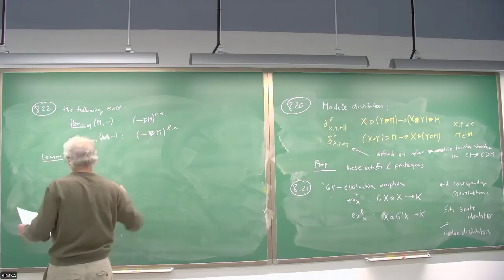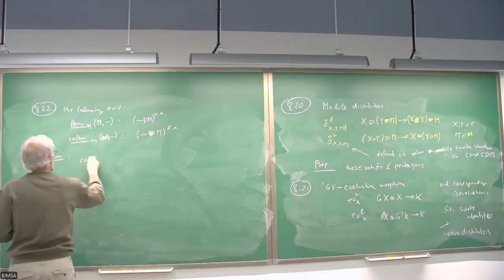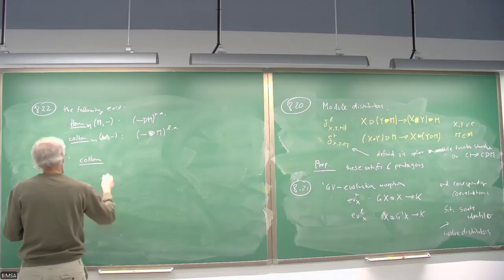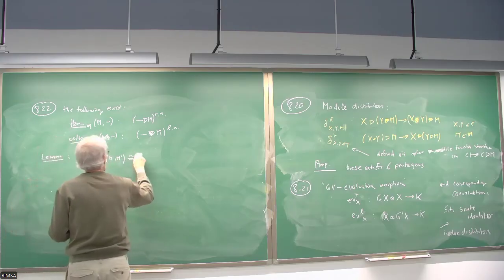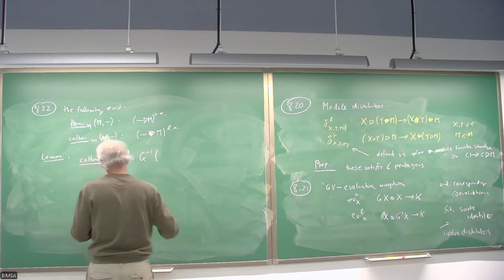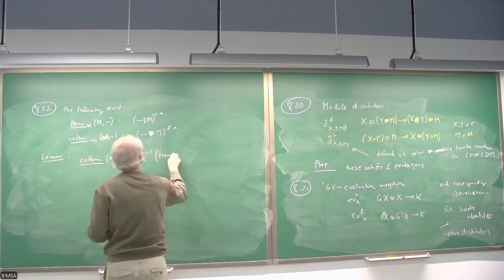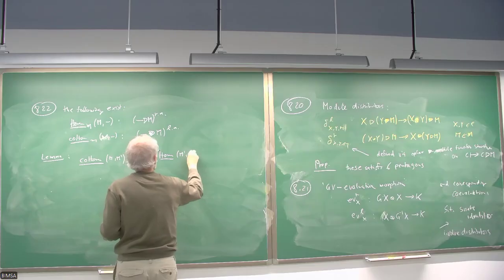But here you have these two different actions. So the internal cohom for M prime is actually isomorphic, with the inverse applied, to the internal hom from M prime to F.